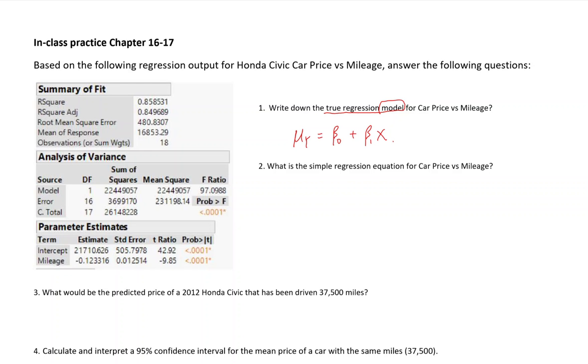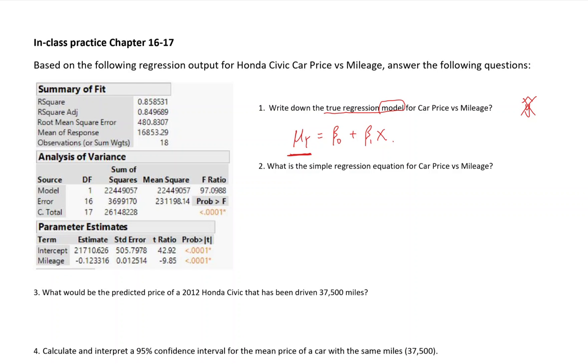We are talking about the population. So first, we do not focus on making prediction. We want to get the mean value of y, which we write as mu of y, and then we have beta 0 plus beta 1 x. So this is the model. Now we have the model.